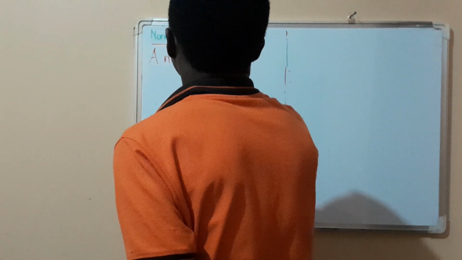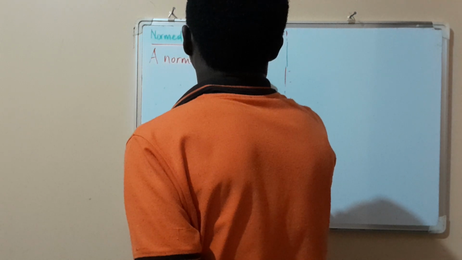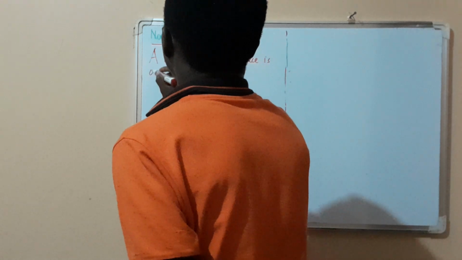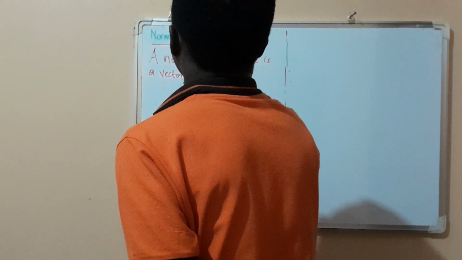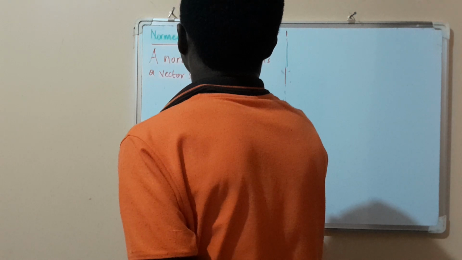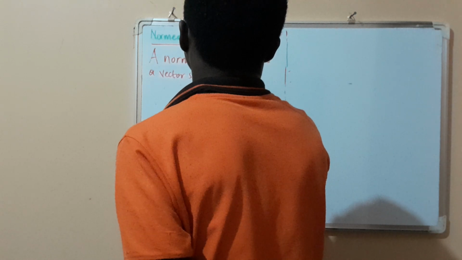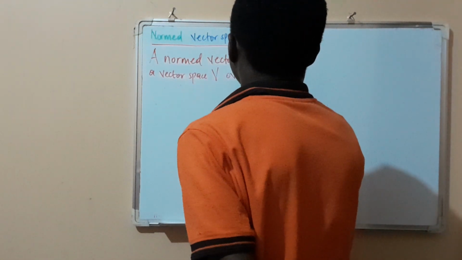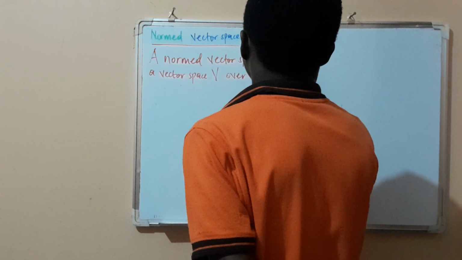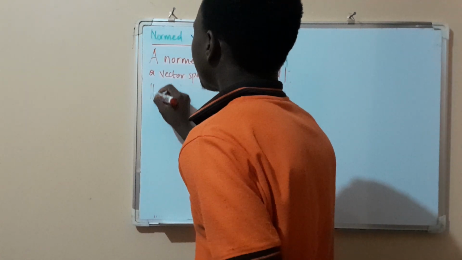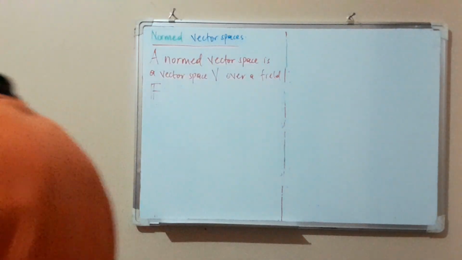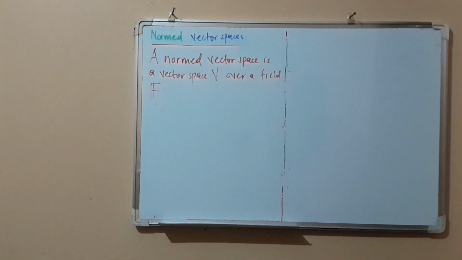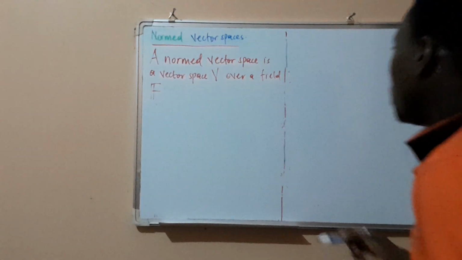I can call it V, vector space V, over a field. That one together.